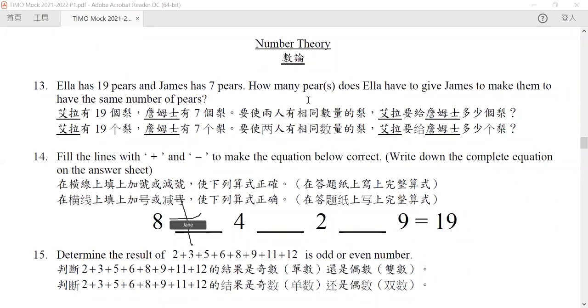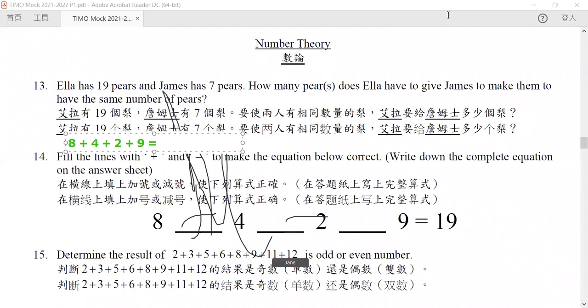Now, if we just simply add these numbers all together, we will get 8 plus 4 plus 2 plus 9, which would be equal to 23.